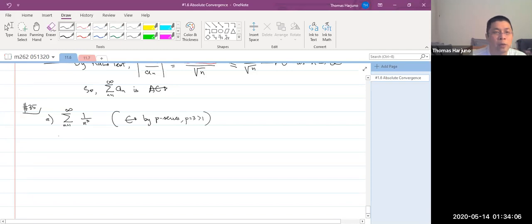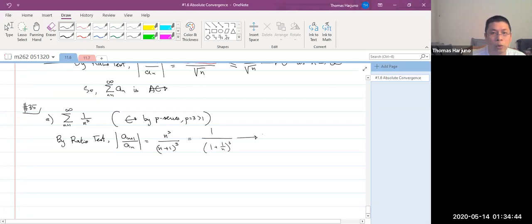But if you apply the ratio test, the absolute ratio of the next term to the current term will be n cubed over (n plus 1) cubed, which, if I divide by n cubed, I will get 1 over (1 plus 1 over n) cubed, and this will go to 1.